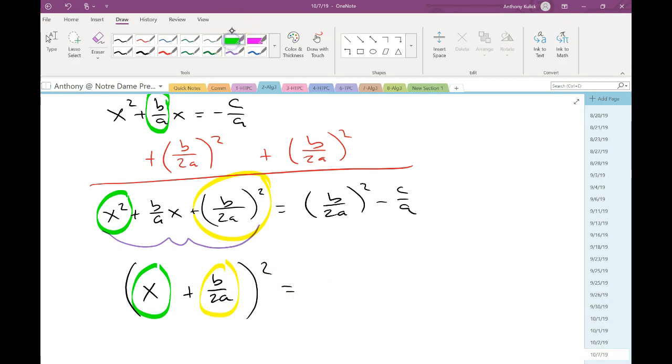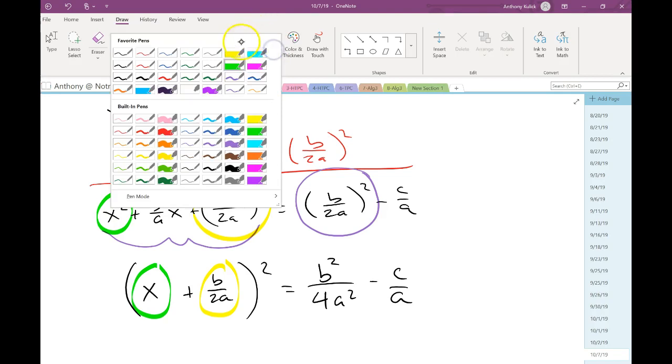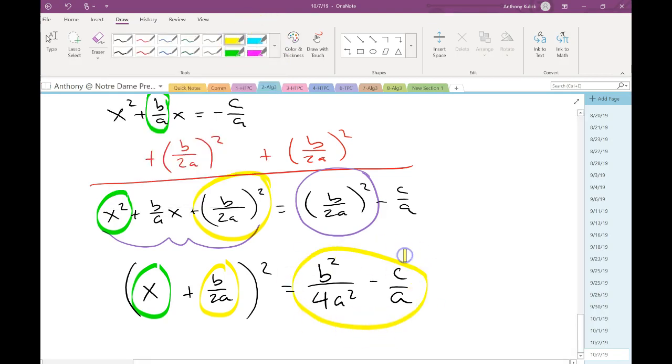And then I'm going to go ahead and multiply this piece out. So when I square a fraction, I square the top, and I square the bottom. So b squared is b squared. 2a squared is 2 squared times a squared, or 4a squared. And now what I'm going to do is make a common denominator here, so I can combine these fractions into one thing.